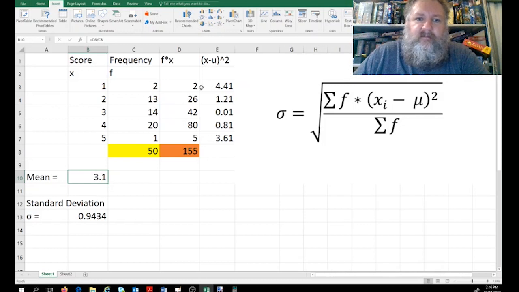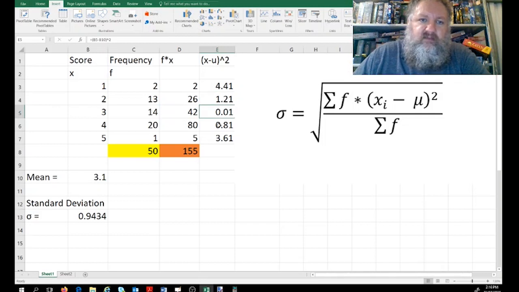Okay, so we are going to type in D3, you can see it up here, D3 minus this mean here, and then it's squared, right? And we did that for each one of these.